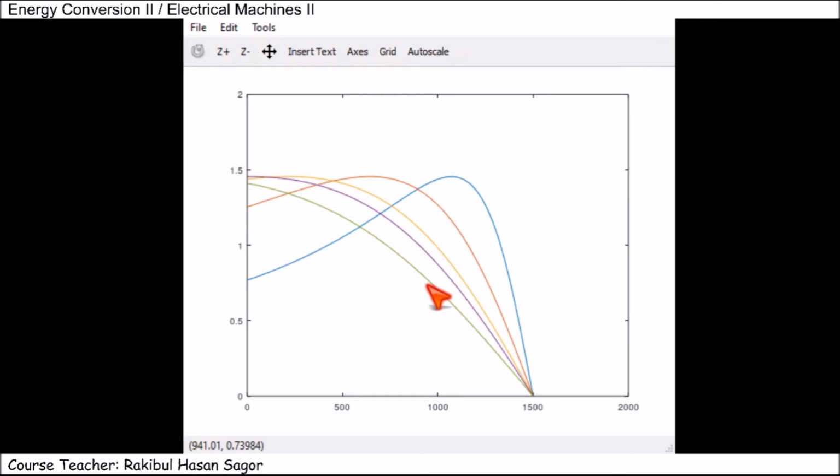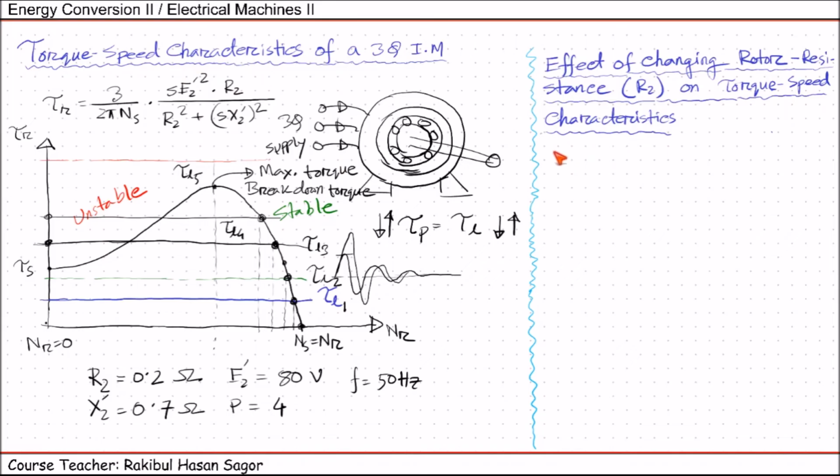Now let us redraw the curve with the change of R2 value, and let me demonstrate elaborately what happens when we change the rotor resistance. So what we got from our MATLAB coding, in the x-axis we have nr, in the y-axis we have tau r.